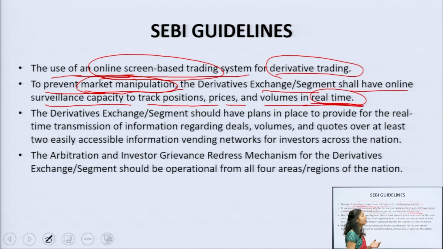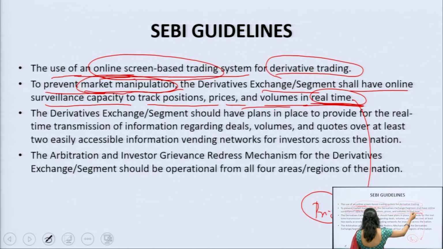What is this real time? अभी आपने एंटर किया कोई कॉन्ट्रैक्ट में या फिर आपने अभी शुरुआत की ट्रेडिंग में, तो एट दैट पॉइंट वट एवर द प्राइस इज दैट, volume is that is what is real time we are talking about there. So they have to track this particular price and volume at this current real time, and this will help to prevent market manipulation. So this is the second point.